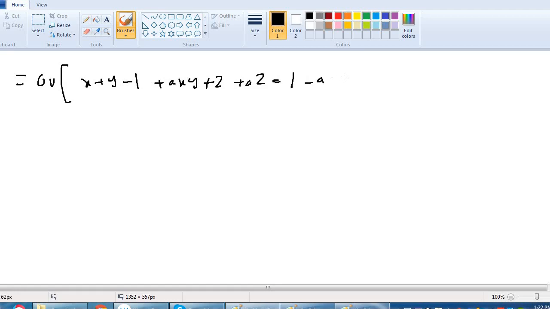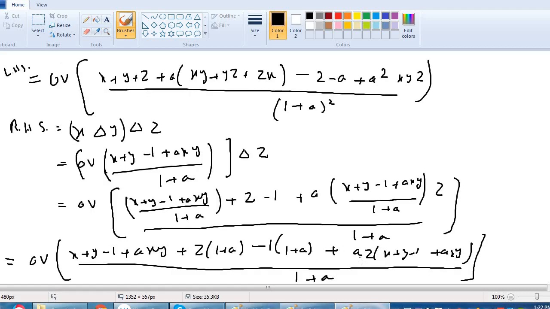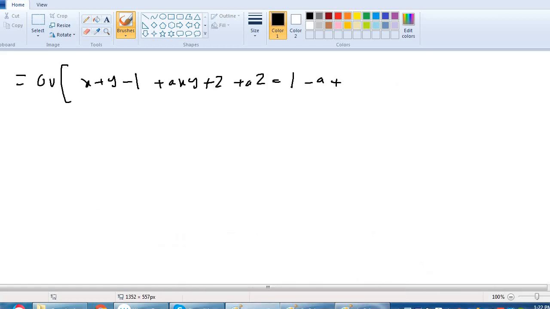minus 1 minus a plus az will be multiplied inside, we will get azx plus ayz minus az plus a square xyz, whole divided by 1 plus a whole square.